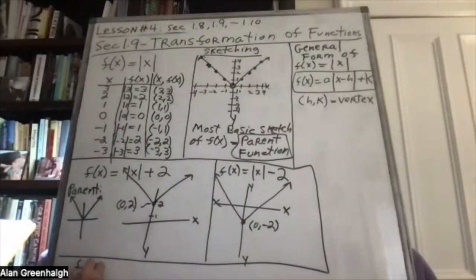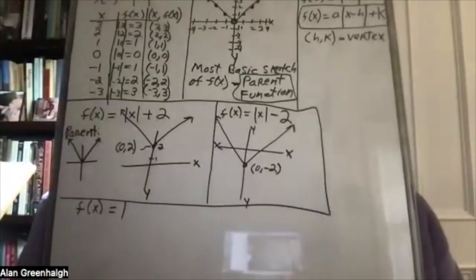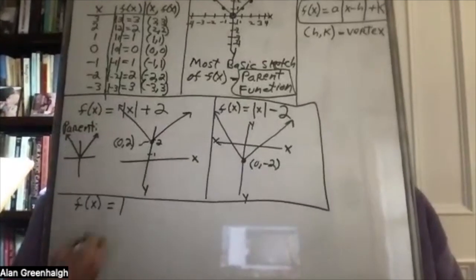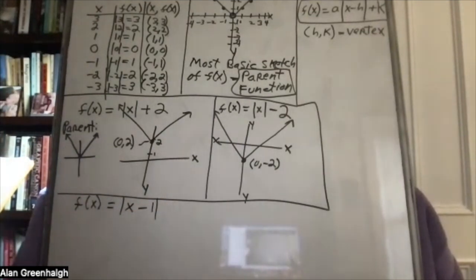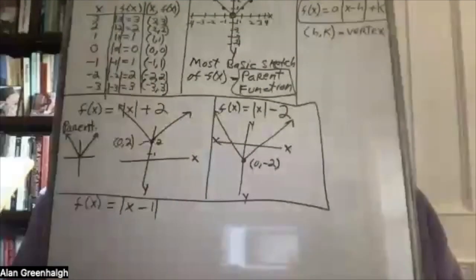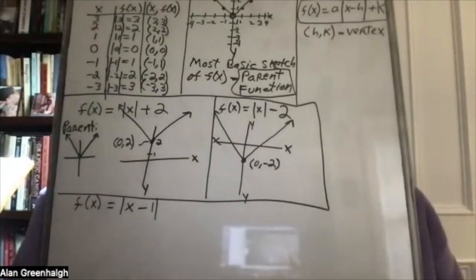Next, f of x equals the absolute value of x minus 1. Let's just leave it at that.